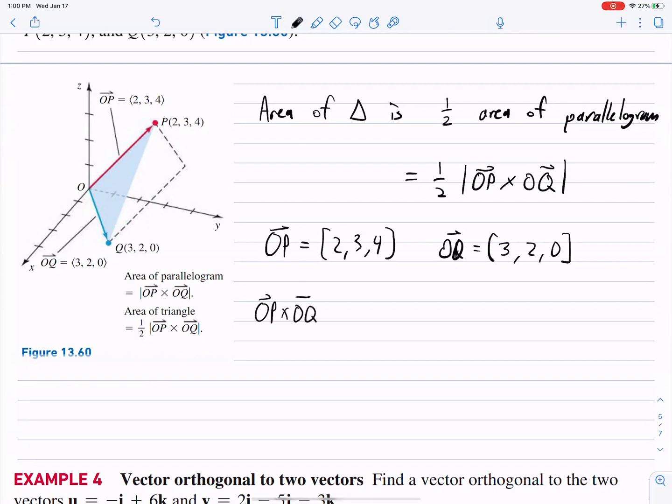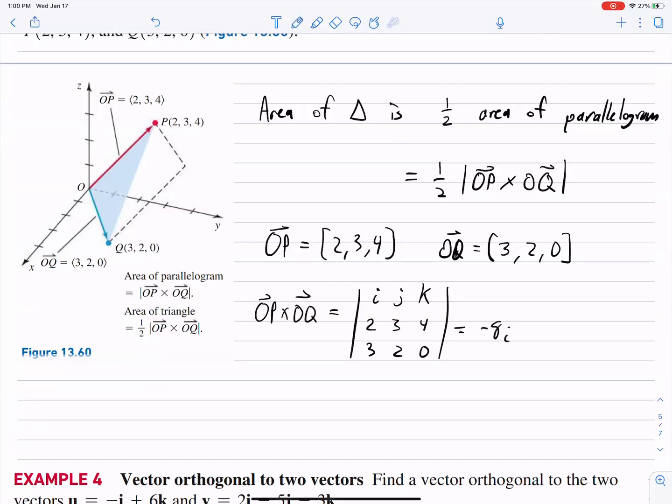So OP cross OQ is equal to the determinant with I, J, K, 2, 3, 4, 3, 2, 0. So if you do the I term, you get minus 8I.